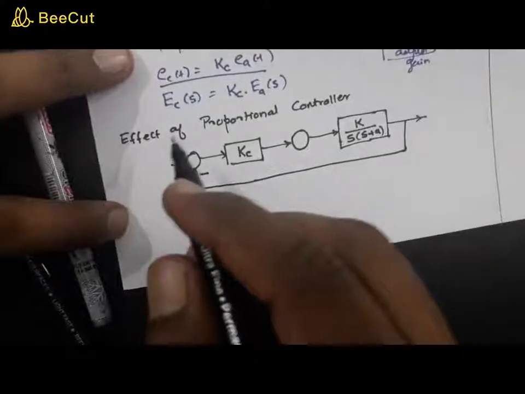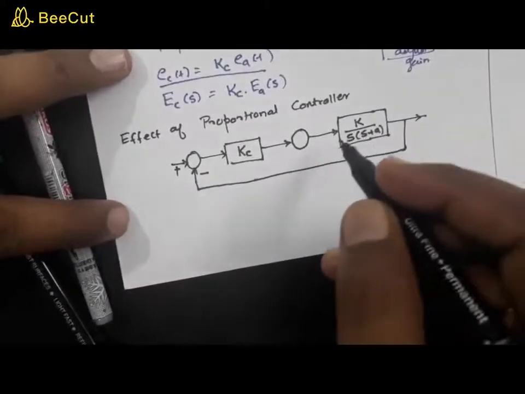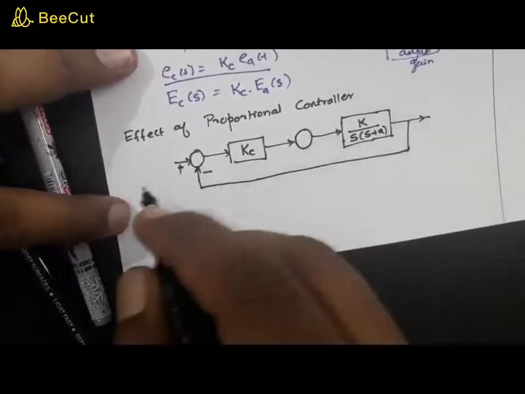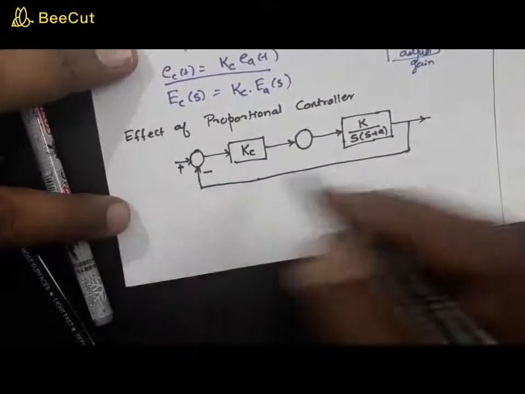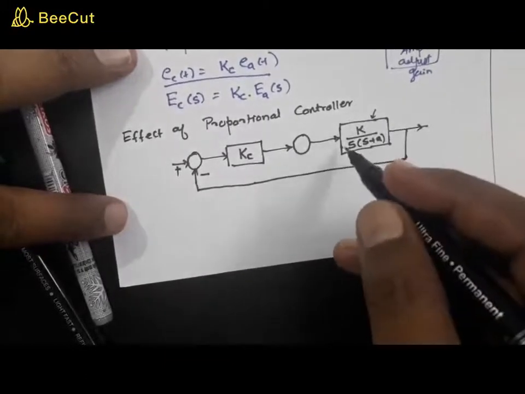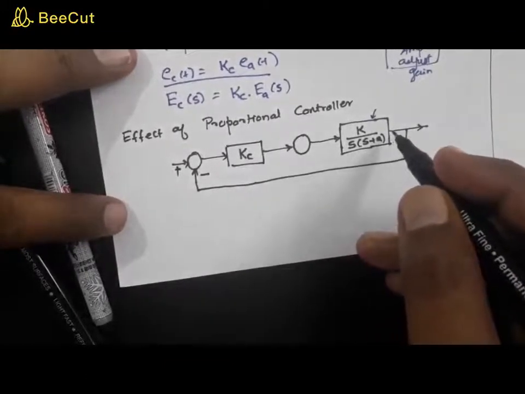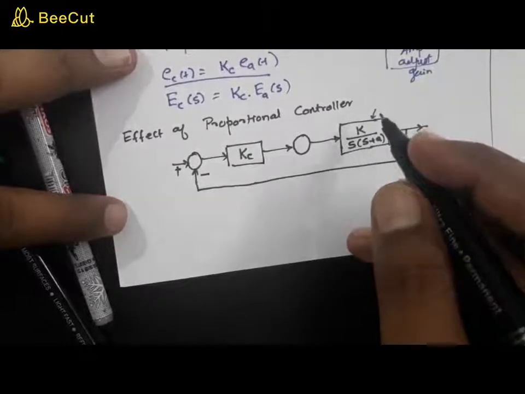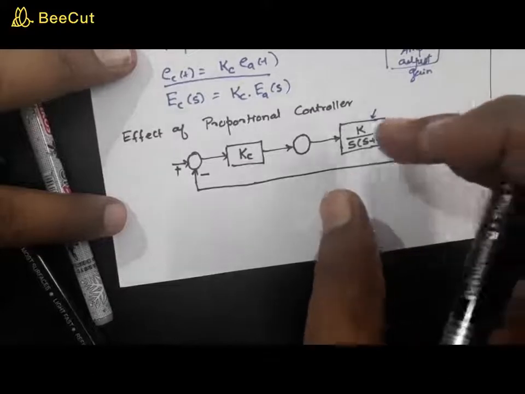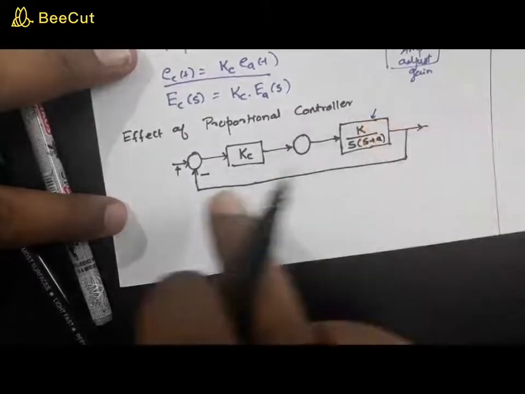To study the effect of the proportional controller in a control system, I have considered a case. You're controlling a process, and K by S into S plus A is the transfer function of this particular process. It can be a mechanical system or an electrical system which you are controlling.